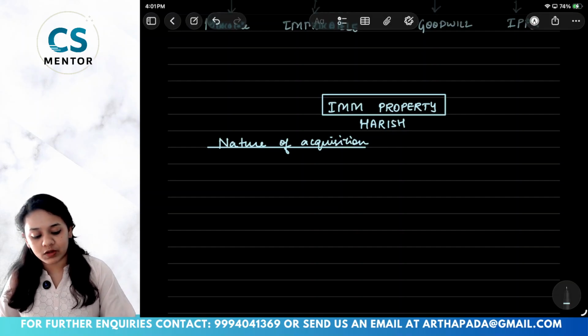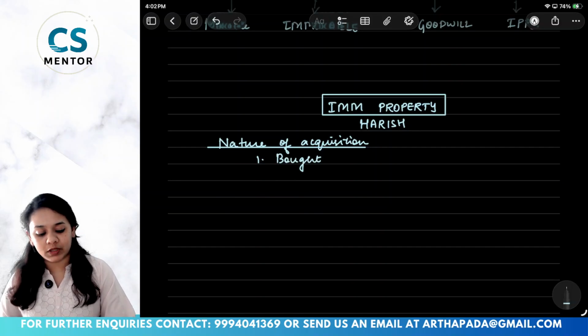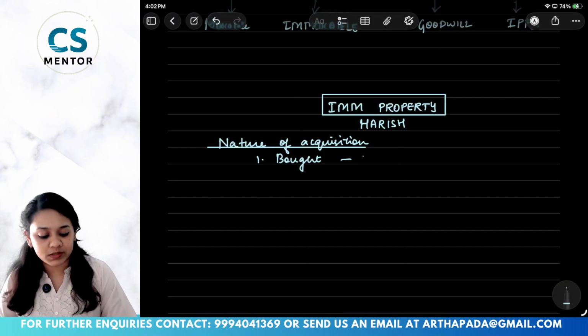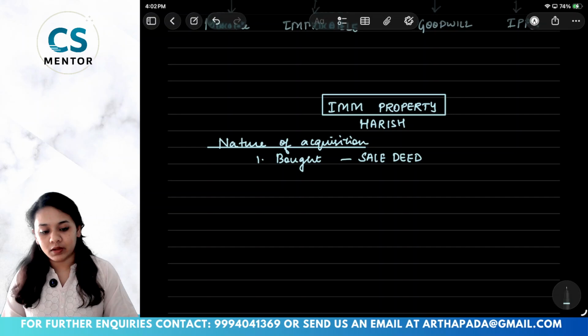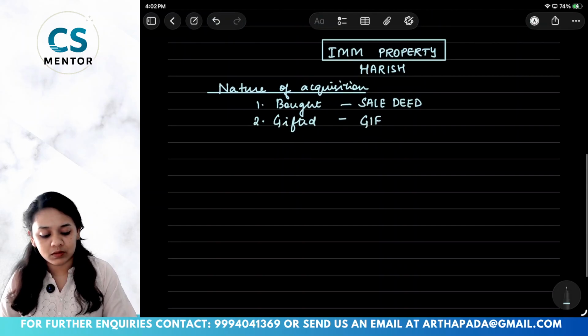Now, if it was immovable property, the nature of acquisition is that either Harish would have bought the property. If he bought the property, there should be a document to suggest proof of the same. What is that? A sale deed. Correct? Now, if he didn't buy it, but rather it was gifted to him, then what will he need? He will need a gift deed.